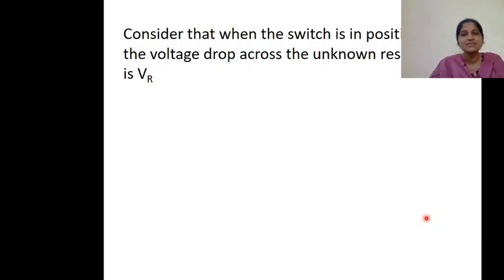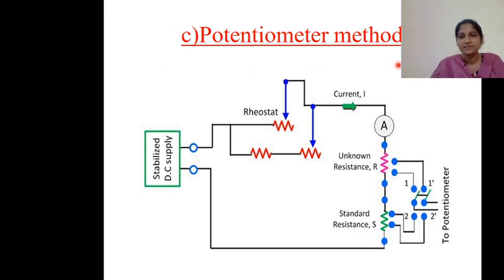So consider the switch is in the position 1 dash. So then what is the voltage here? If it is given to the 1 dash position, then the potentiometer is getting connected to the unknown resistance. So it will show the voltage across this resistance. That means VR is measured.